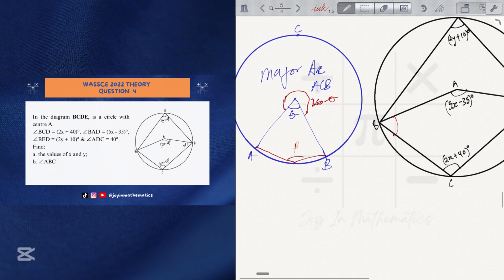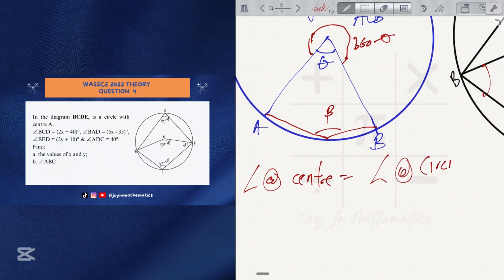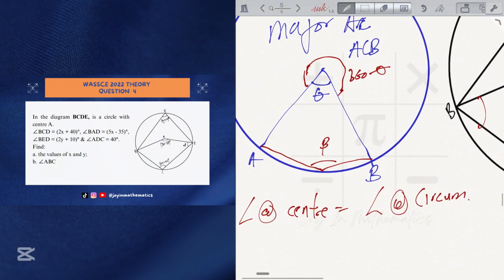Now following the same principle, the angle at center is equals to 2 times the angle at circumference. Definitely, the angle at center for the major arc ACB is 360 degrees minus theta, and the angle at circumference is beta. So it is 2 times beta.